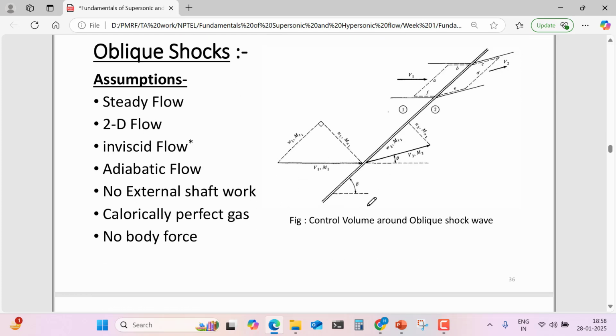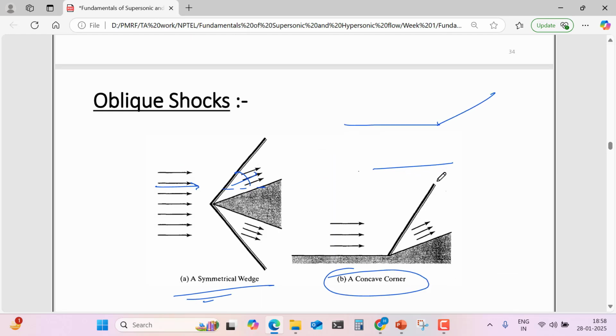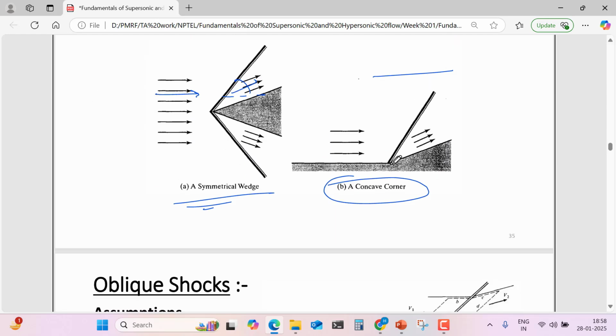So in the oblique shock also there are some assumptions. This is the oblique shock. The flow upstream is V1 M1 and downstream is V2 M2, and due to this wedge, let's say this angle is theta.